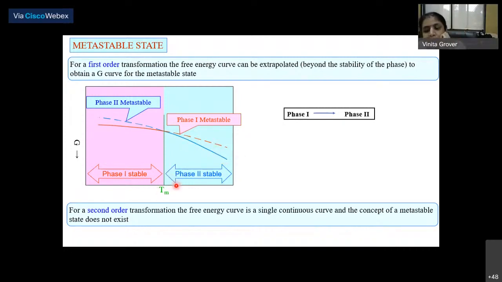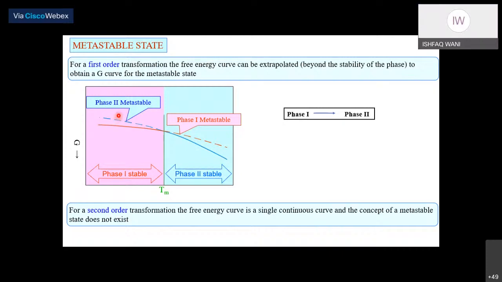But what it shows is that if by any chance this is the high temperature phase, a higher temperature zone, and you are able to suddenly quench it, drop it to this temperature range, there is a possibility that you can obtain phase 2 because the GT curve has some existence. Even though it would be metastable, it would have higher free energy.